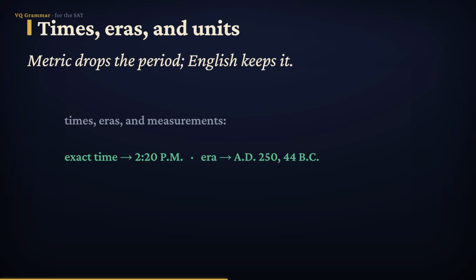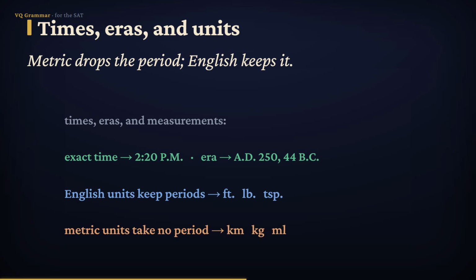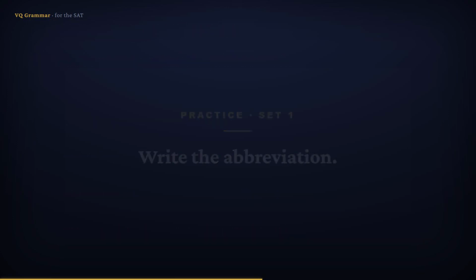Units of measure, used mainly in scientific writing, split by system. English units take a period, ft., lb., tsp., while metric units take no period at all, km, kg, mL. So remember, English keeps the dot, metric drops it.